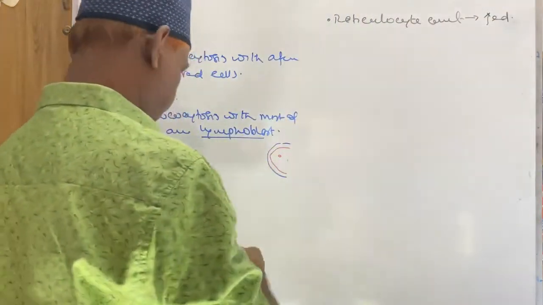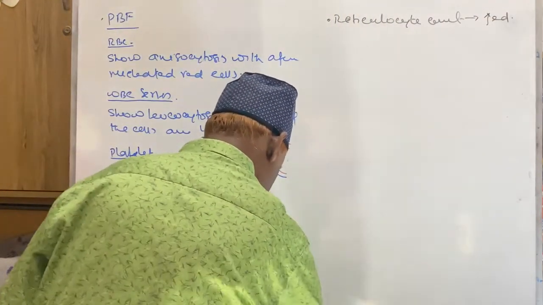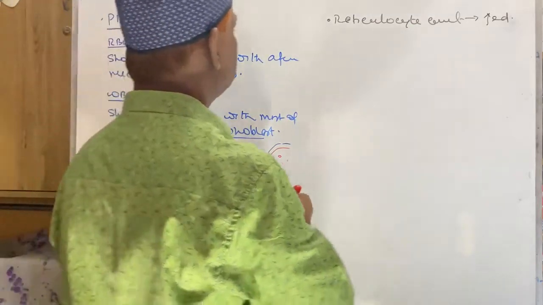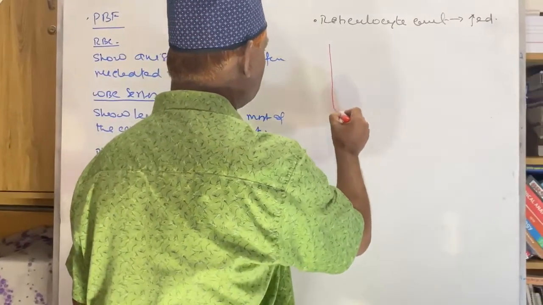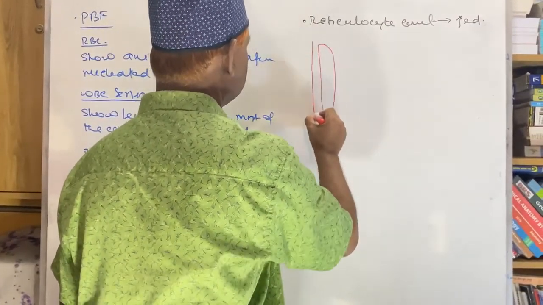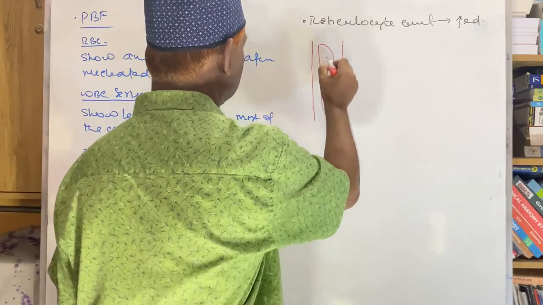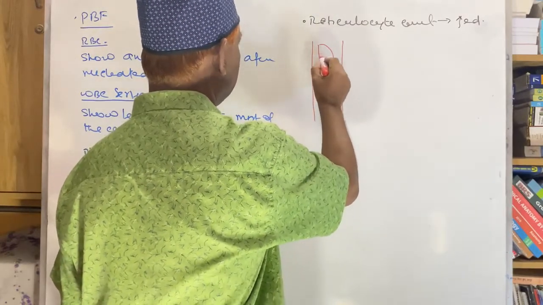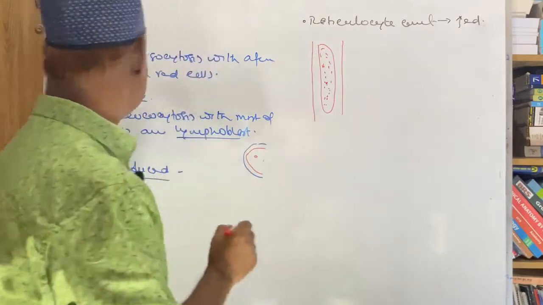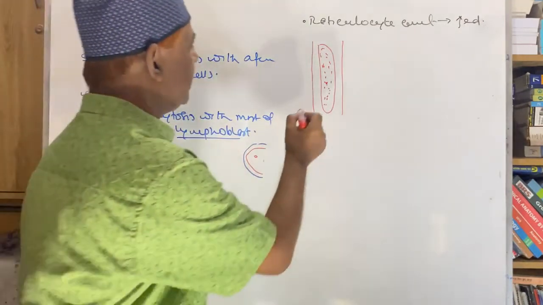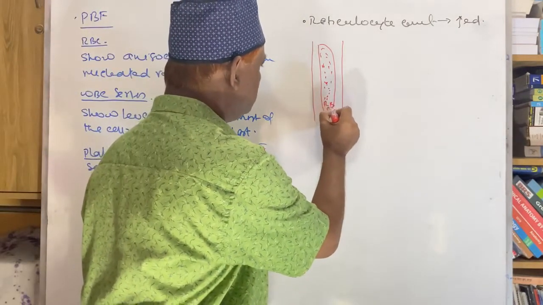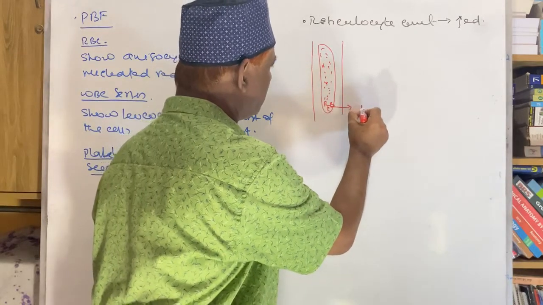Now come to the bone marrow. This is the cortex and medullary contents, this is the bone marrow, and it is packed with leukemic cells. So the RBC series is depressed here, and an inadequate number of RBCs is formed.